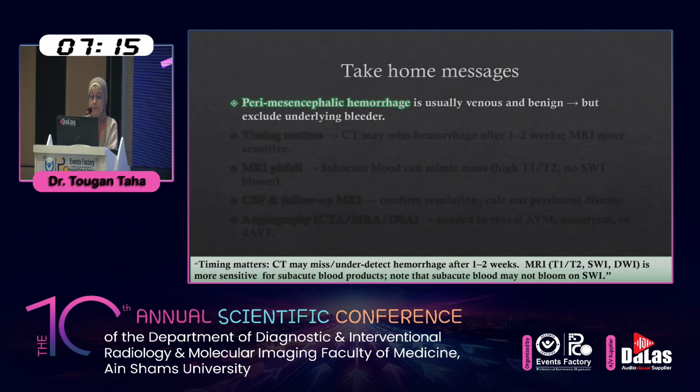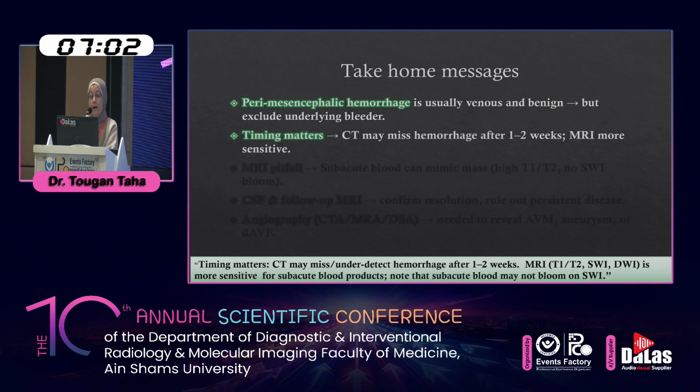So the take-home message of this case was: perimesencephalic hemorrhage is usually venous and benign, but exclude an underlying bleeder. Timing matters. CT may miss hemorrhage after 1 to 2 weeks, and thus MRI is more sensitive.